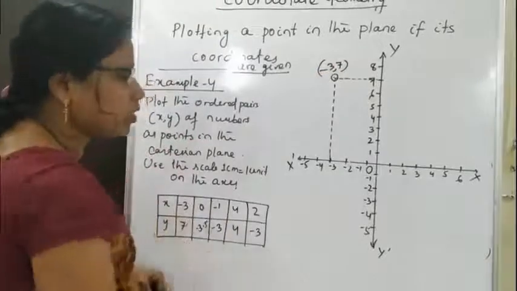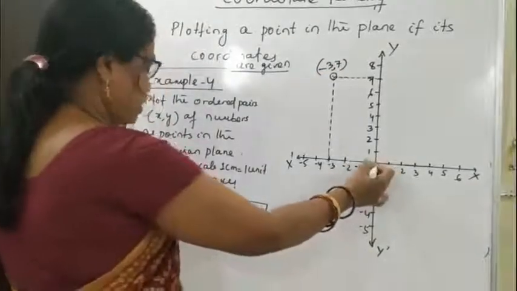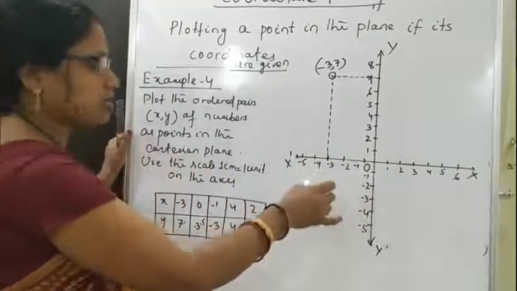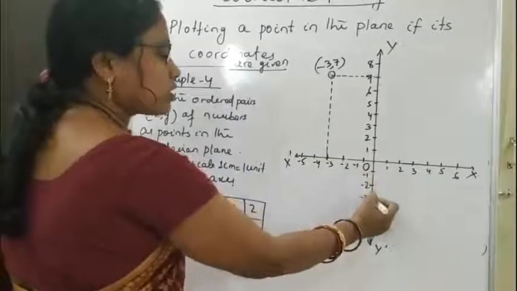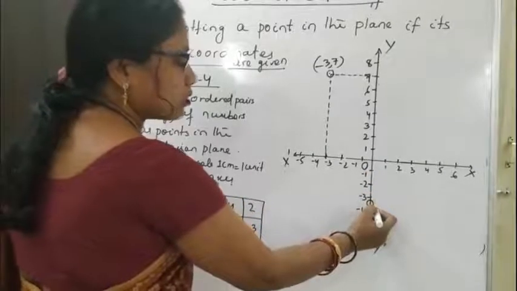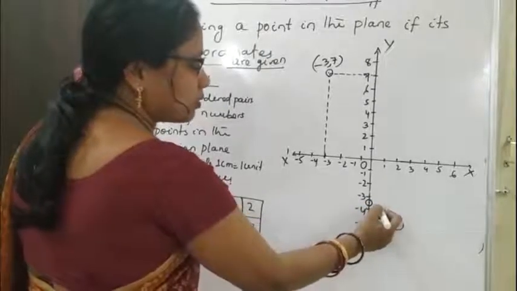Next point is (0, -3.5). So 0 is our origin, then -3.5. So towards the negative direction of the y axis we have to move. So -3.5, that means this point. So this is (0, -3.5).